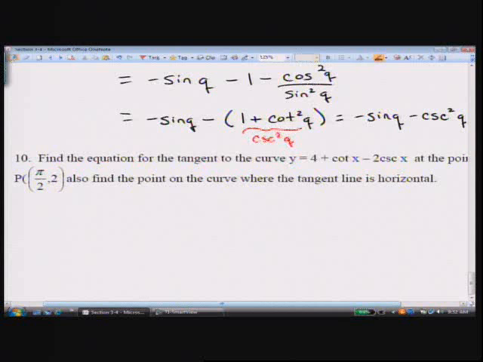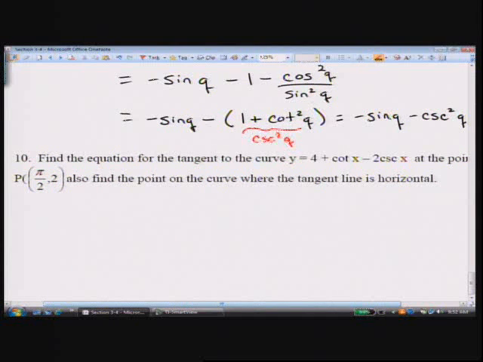Velocities, accelerations, functions can be defined with, situations can be defined by trig functions, and we need to find their rates of change. And we need to find the instantaneous rate of change, and the equation of the tangent line is a wonderful tool. So we will do that on this problem.